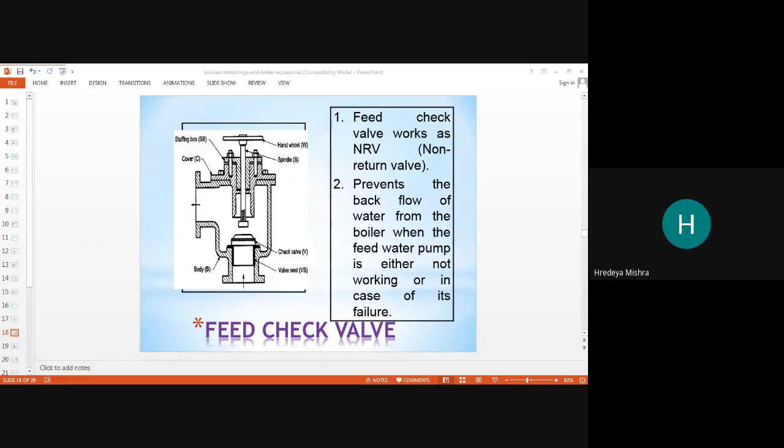That is the NRV, the non-return valve. This is only one-way supply. It prevents water leakage or water returning.